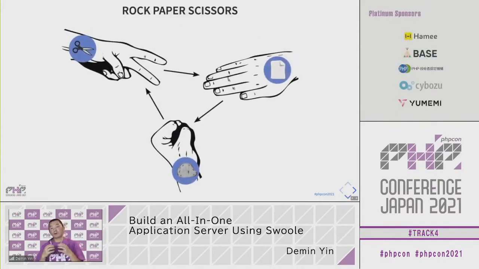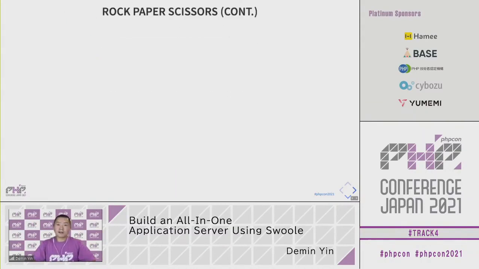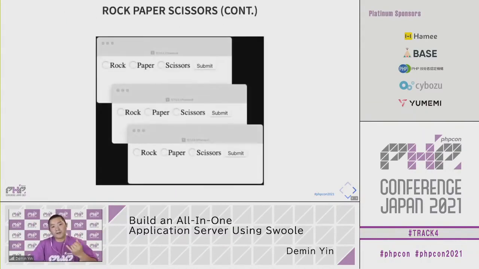And when all 3 players have made their choices and submitted them, the server should show the result to all 3 players simultaneously. So it's kind of like this: the first player, player A, makes a choice, clicks the submit button.